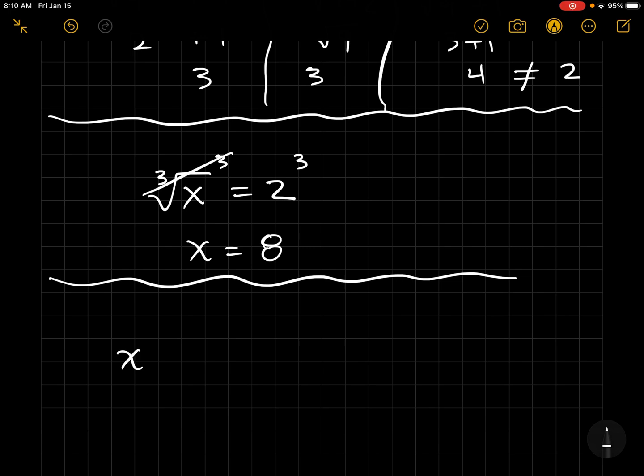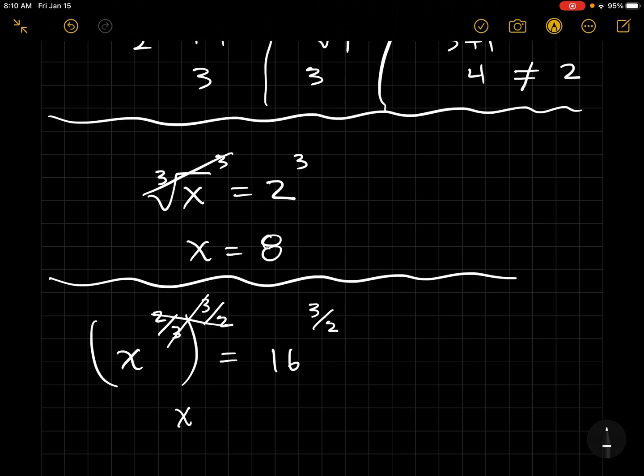Also, let's say you have something like x to the 2/3 power equals a certain number. Then all you have to do is make the exponent 1. However, I'd like to caution you. See, that turns into just x over here.